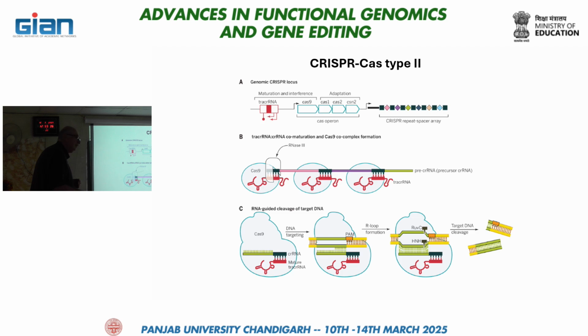Again, it can happen only when the PAM sequence is present in the attacked DNA. Then you have this famous R-loop formation. It means that RNA is here, DNA is here, and this strand is displaced. And then Cas9 can cut both strands of DNA here and here.